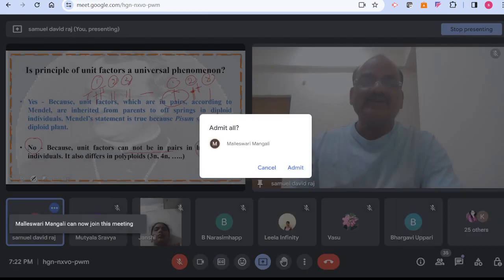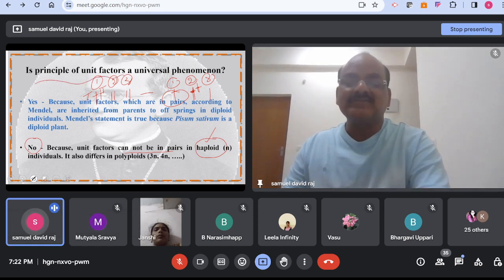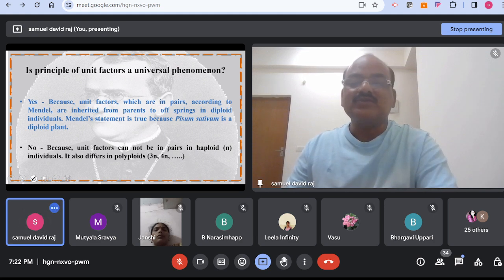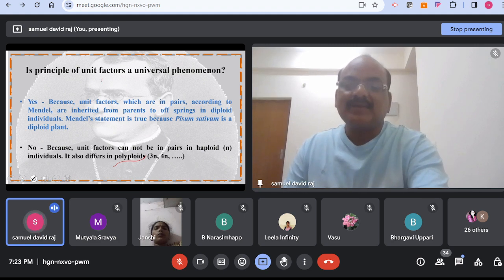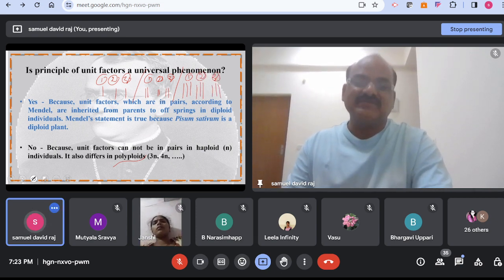Thus, where there is haploidy, the principle of unit factors, which says that factors are in pairs, is not universal. At the same time, there is another phenomenon called polyploidy. In haploids there is only one set of chromosomes, in diploids two sets, and in polyploids more than two sets. Here we are representing three sets.